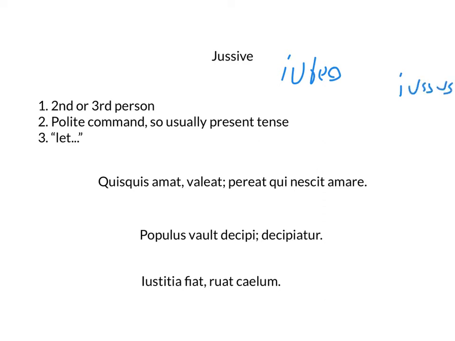And so that iuss right there is where you get your word jussive, and it means to order. And the jussive subjunctive is a polite command. I usually say "let this happen," but you can also say "you should" if you have a second person. That's the other note there. If you have a second person, you can use "you should." The third person I like to use "let."